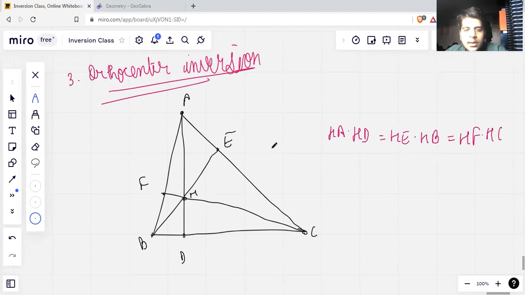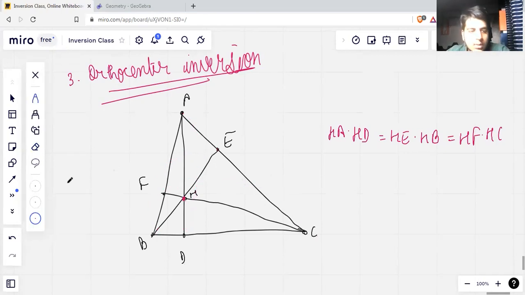Okay. So if this is true, and I consider some inversion which sends A to D, it looks intuitive that it should be about the center H. It also looks intuitive that it should send E to B and F to C. How do we do that?